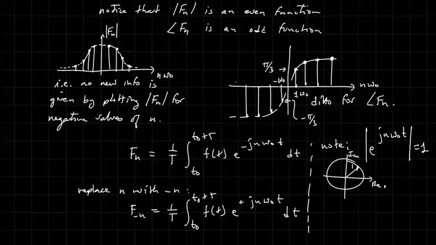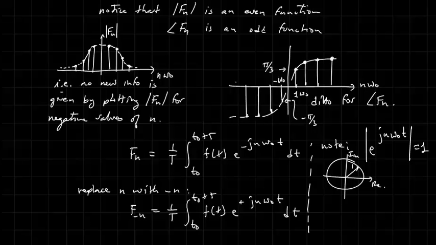So when you take the magnitude of the integral of f(t) times e to the j n omega naught t, changing n to minus n is not going to change the magnitude. That results in the evenness of the magnitude function, and because it just flips the sign of the exponent, and that's the only place that the argument of F(n) comes from, we can conclude that the argument of F(n) is an odd function.